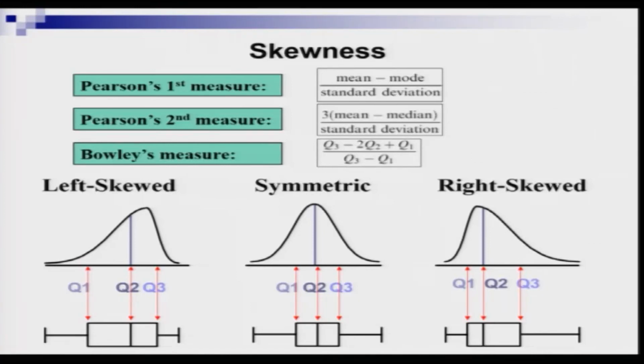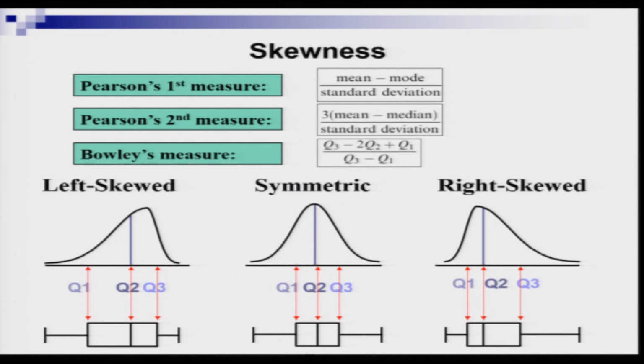Now let us have a look at the graph to get these concepts clear. First, we are going to talk about the negatively skewed distribution, which is also called a left skewed distribution. In the case of a left skewed distribution, the mean is less than the median and the median is less than the mode.